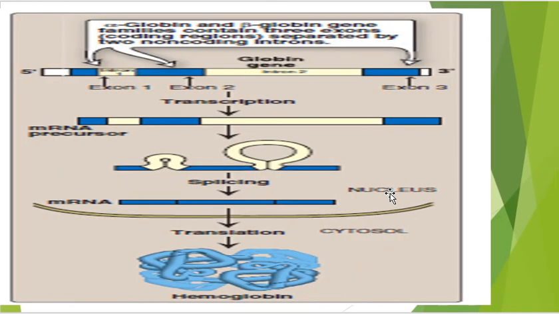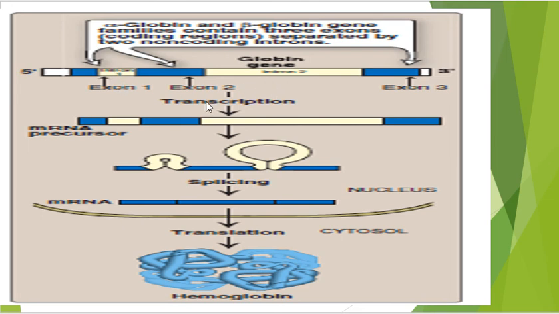And here is the molecular representation of the synthesis of these globin genes. The alpha globin and beta globin gene families contain 3 exon coding regions, separated by 2 non-coding introns.